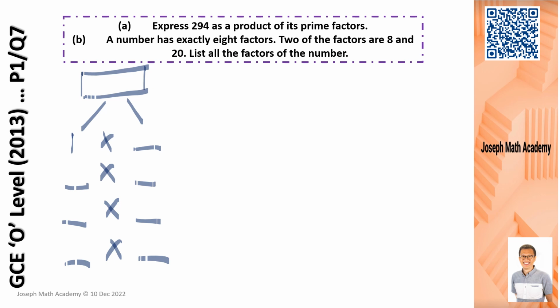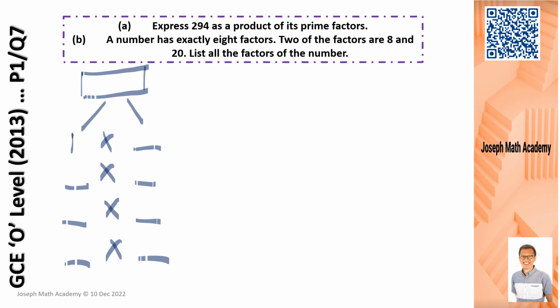Okay, so now we all know that 8 and 20 belong to the factors. So I presume that 8 is one of this, and 20 is one of this. So 20 is a very large number.